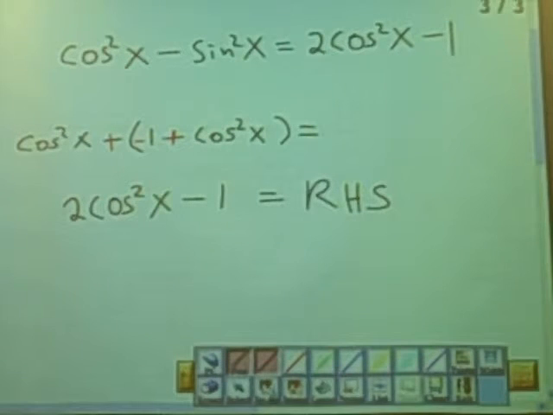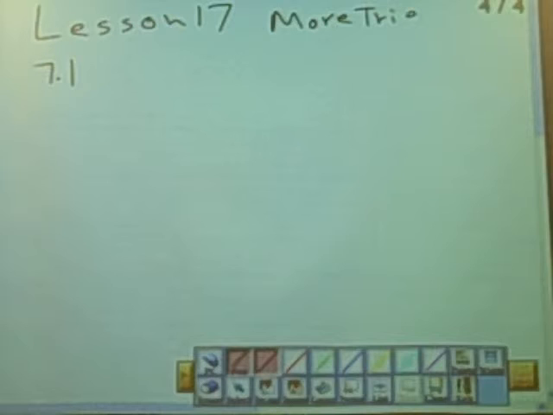Now lesson 17, that's even more trig identities. Basically, it's just a continuation of what we've been doing.